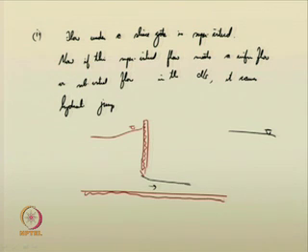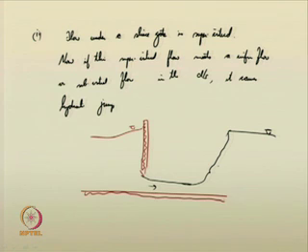Then all of a sudden it jumps to subcritical or uniform flow conditions. If this uniform flow is maintained in the downstream, then such a hydraulic jump occurs. This uniform flow in the downstream can be maintained by various methods. Those things we are not studying right now; we are studying the locations where a hydraulic jump occurs.